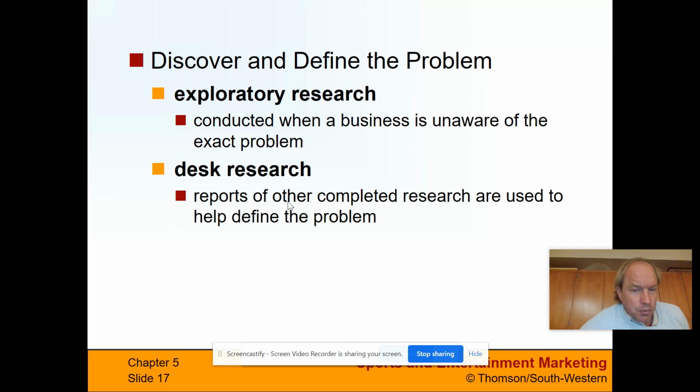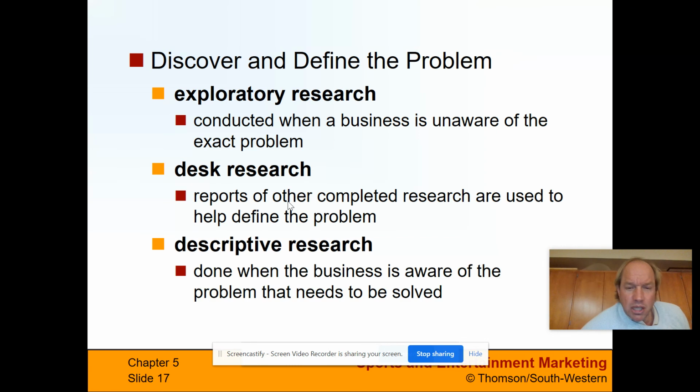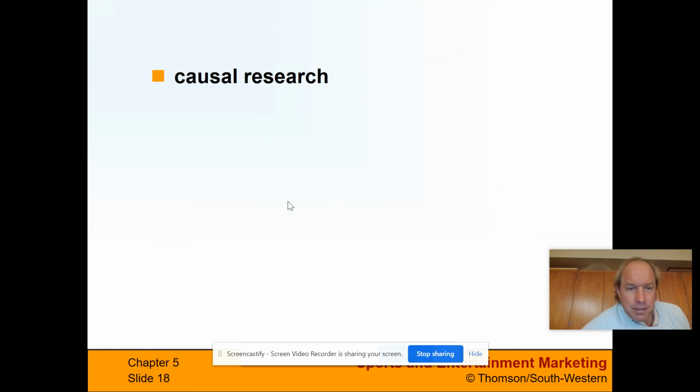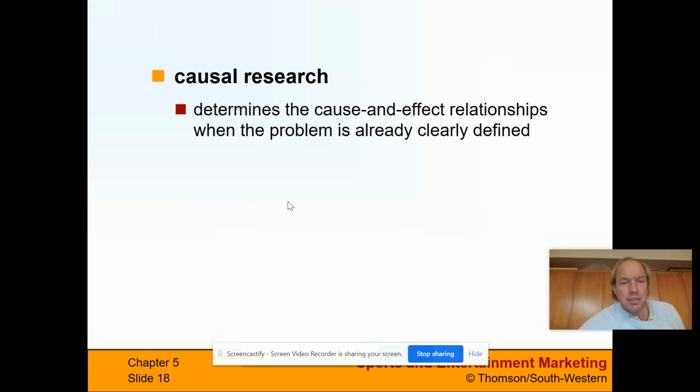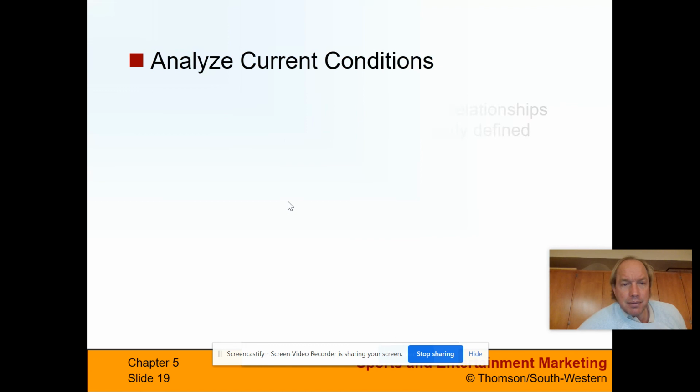So you can use reports that have already been completed for other things, other issues. Okay. Descriptive research is done when the business is unaware of the problem that needs to be solved. Okay. And causal research determines the cause and effect relationships when the problem is already clearly defined.